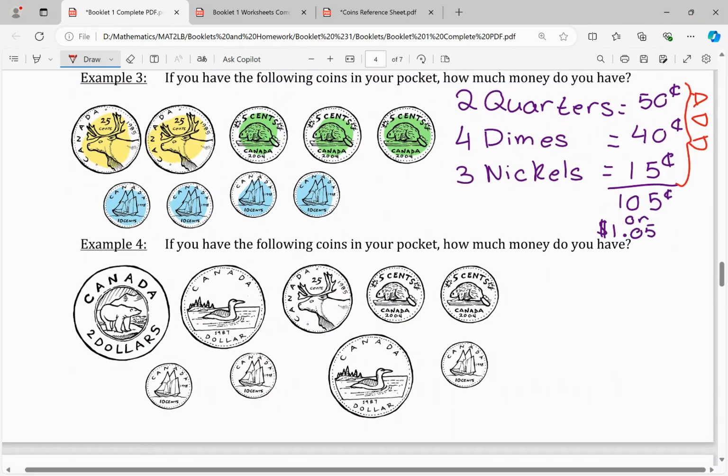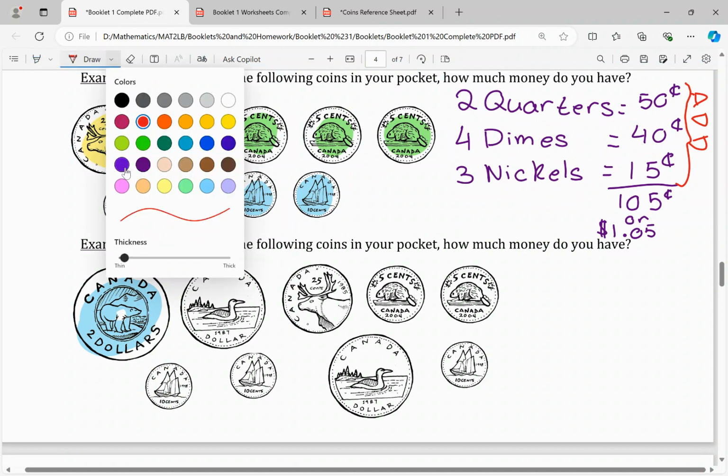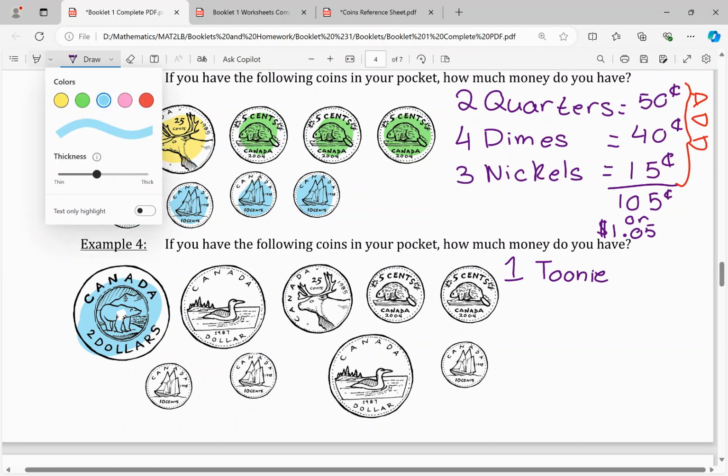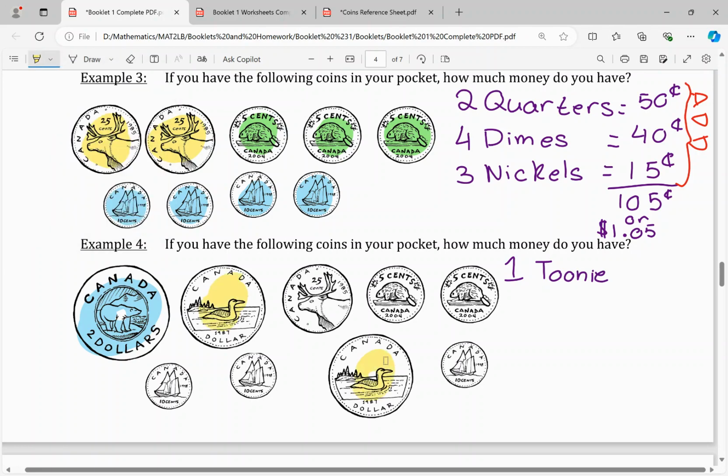The last question, similar to example 3, we're adding all of these coins together. Now, these are a little bit mixed up, so take your time. We have 1 toonie, we have 2 loonies.